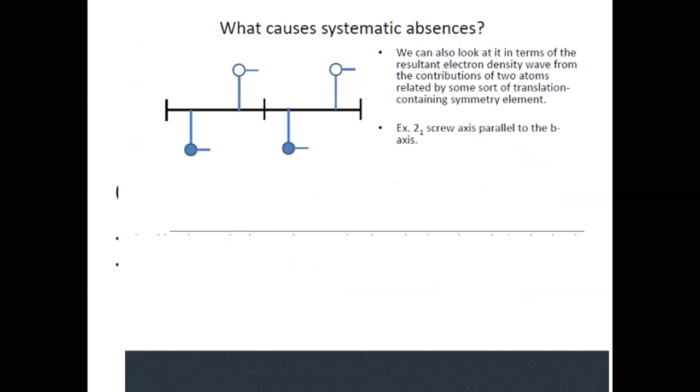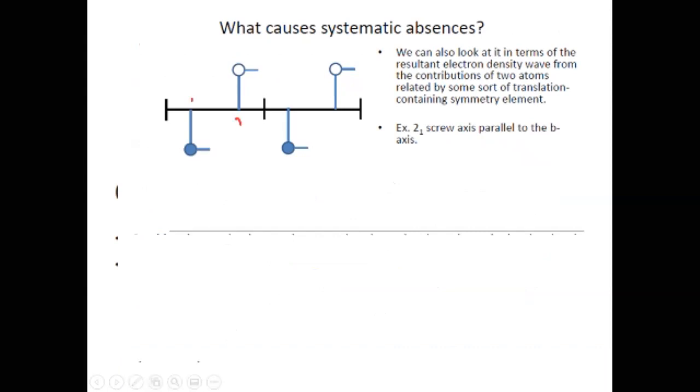So now if we look at a screw axis, we have a 2/1 screw axis parallel to the B axis, so we have a rotation followed by a translation. We rotate, we translate, we rotate, we translate, generating symmetry equivalent positions.